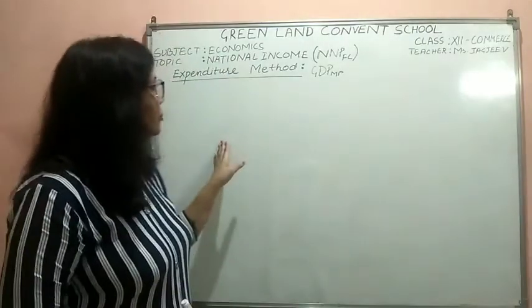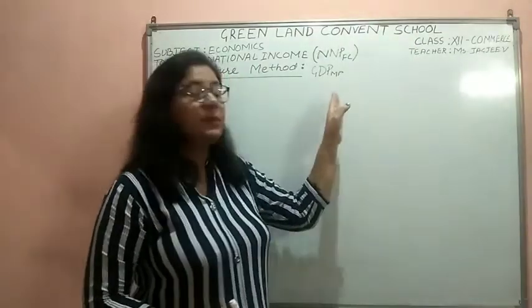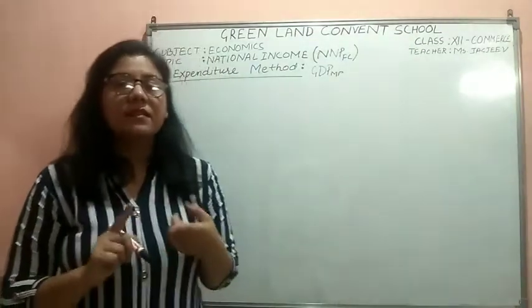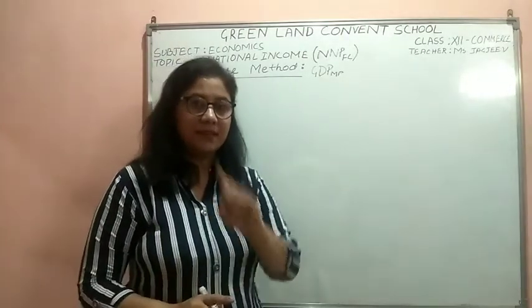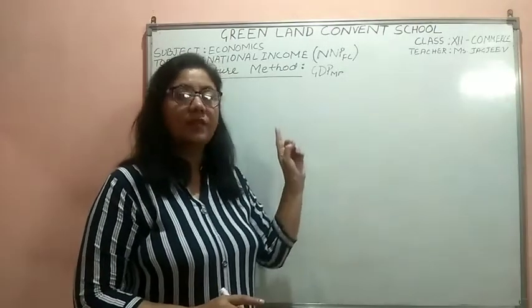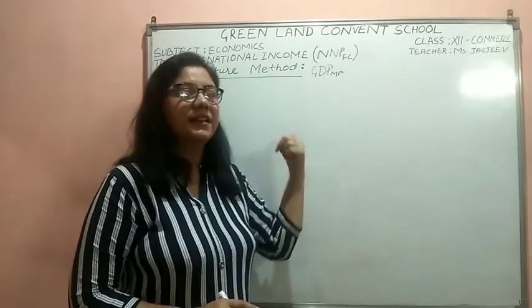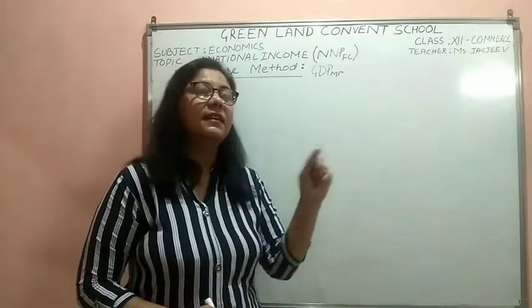Again, when we talk about the expenditure method, we are going to get GDP at MP. This is a very important point that you have to keep in mind, that national income is NNP at FC with the production method or value added method, and with the expenditure method we are going to get GDP at MP.